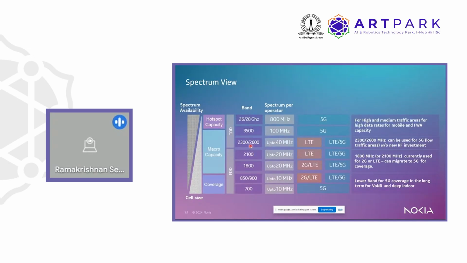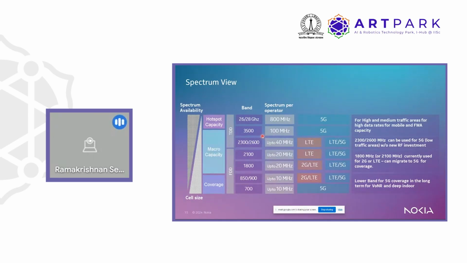Around 2010 or 2011, and of course 2600 megahertz close to 2015, we had around 20 to 40 megahertz allocated to operators, which was a TDD spectrum for LTE. So by last decade, we primarily had these four bands allocated for macro capacity, and we were offering services over multiple circles in India.